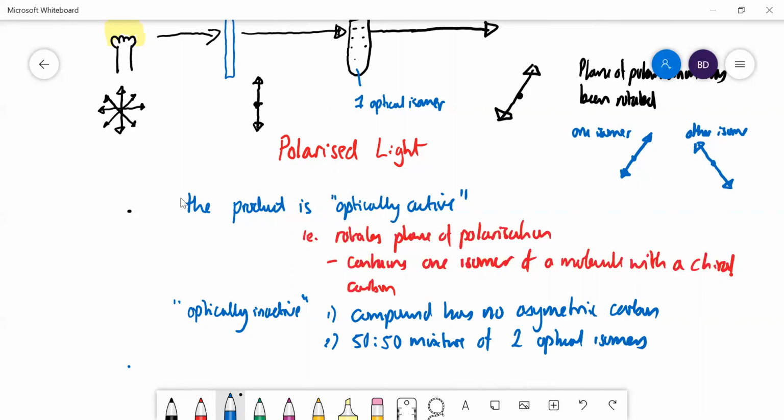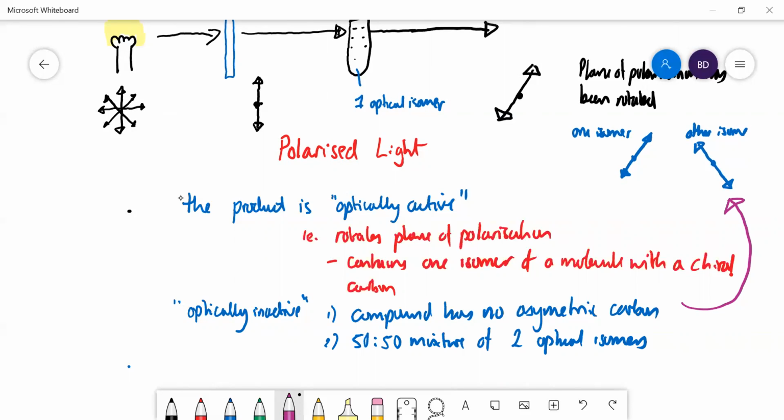Why doesn't that change the plane of polarization? Well, one lot of molecules is going to rotate it one way, and one lot is going to rotate it the other way by an equal amount, so there's no observable difference.